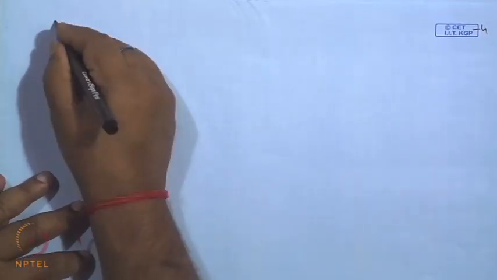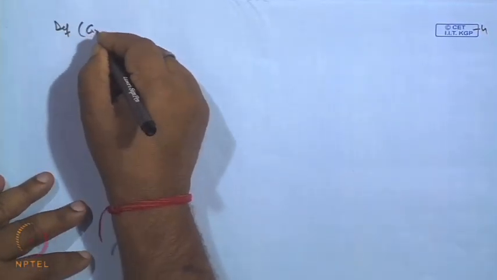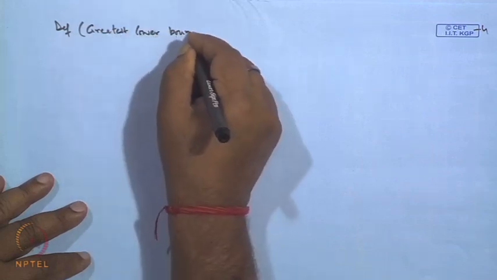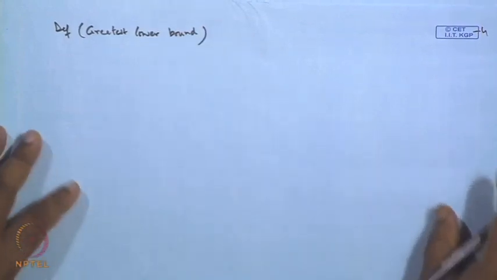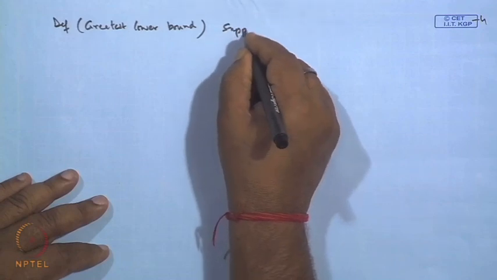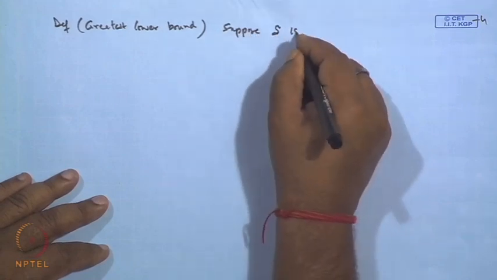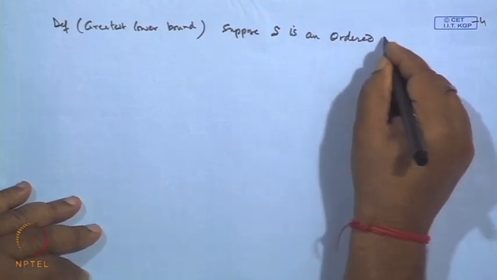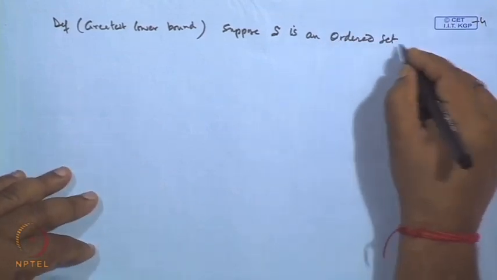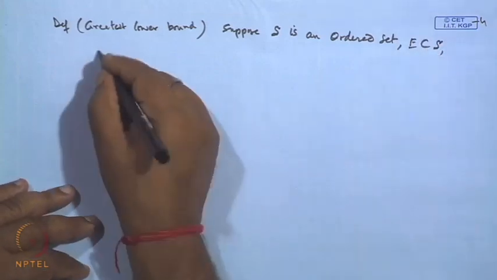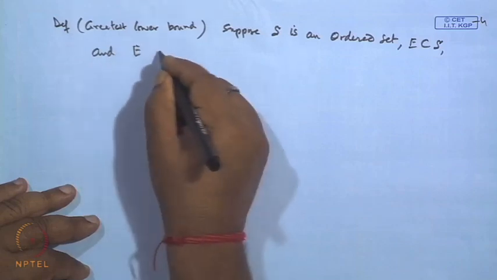In a similar way, we can introduce the concept of the greatest lower bound of E. So, what we assume is, suppose S is an ordered set, E is a non-empty subset of S, and E is bounded below.